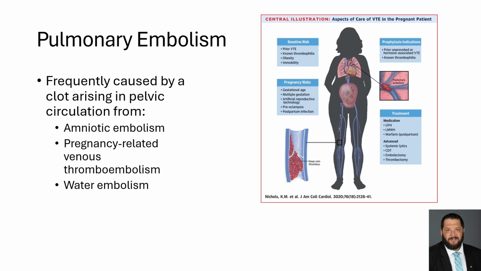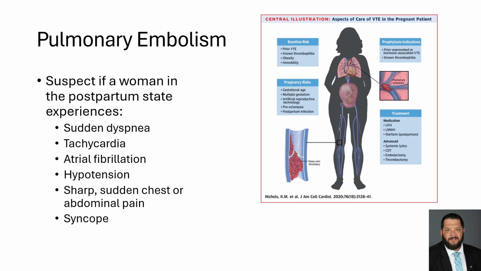Pulmonary emboli are frequently caused by a clot arising from pelvic circulation. This can be things like amniotic emboli, pregnancy-related venous thrombi, or water emboli. If you suspect a patient is experiencing a pulmonary embolus postpartum, presentation can include things like sudden dyspnea, tachycardia, atrial fibrillation, or an irregular atrial heart rate, hypotension, sharp, sudden chest or abdominal pain, as well as syncope.